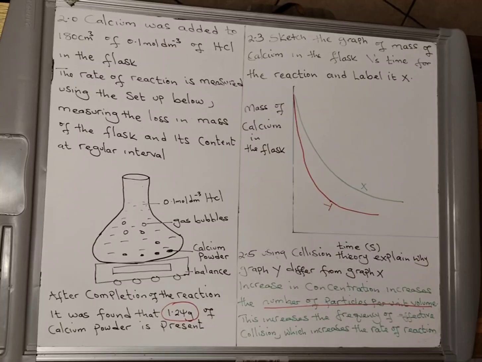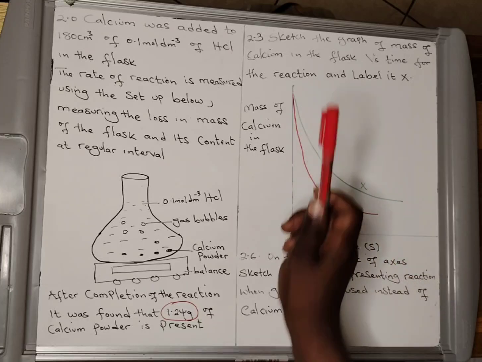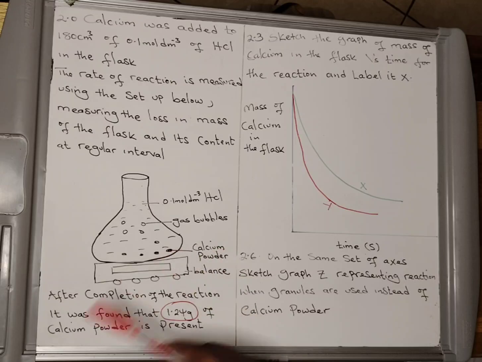Let us go to the next question, 2.6. It says, on the same set of axes, sketch graph Z representing the reaction when granules are used instead of calcium powder. You have to remember that the graph we have, which is X, was hydrochloric acid with powder.